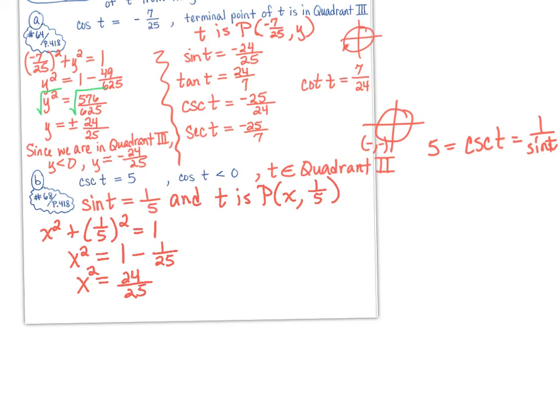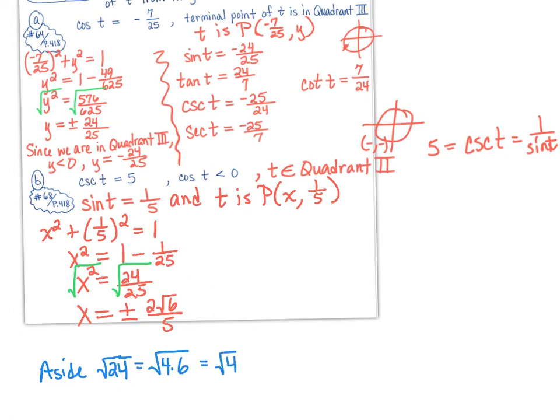And then you take the square root of both sides. So that gives you x is equal to plus or minus the square root of 24, which is the same thing as 2 square root of 6, over the square root of 25, which is 5. So on the side, the square root of 24 is equal to the square root of 4 times 6.